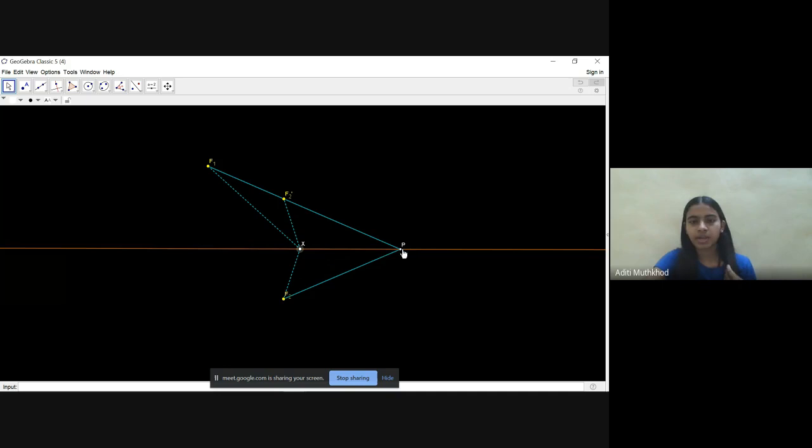So do you see why this point is the point we want? Okay, so what we want is PF1 minus PF2. For now, we know that this length is greater, so we will forget about the modulus.